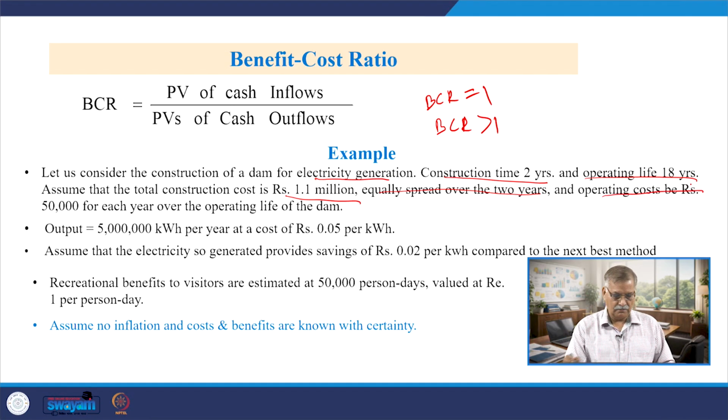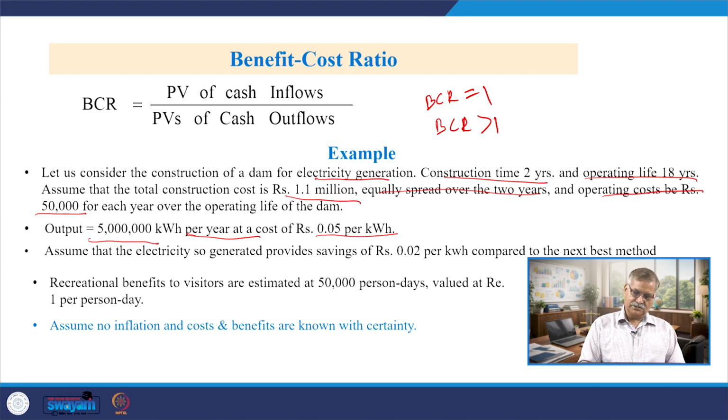Operating cost of the project is rupees 50,000 for each year over the operating life of 18 years, and this is the output. You can see 50 lakh kWh per year is the output of power generation, and rupees 0.05 is the price of that output.